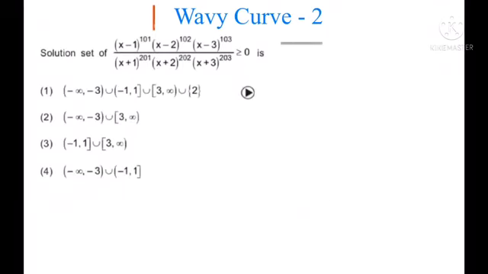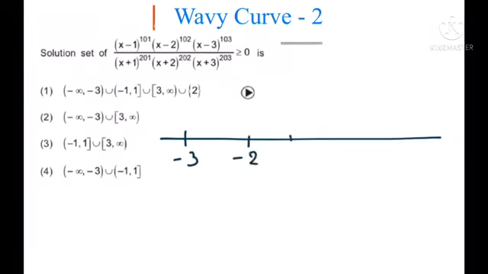Now this question looks very huge, but it is not actually that difficult. We need to find this. So let's see the sign scheme. The points are -3 here, then -2, then -1, then 1, then 2, and then 3. Now even power is at which places?